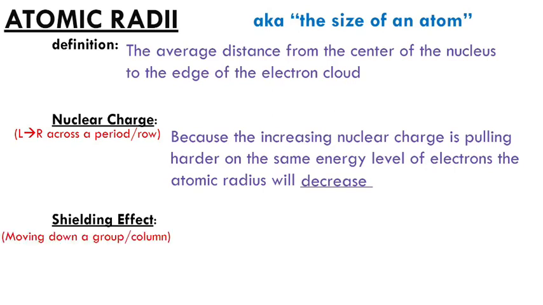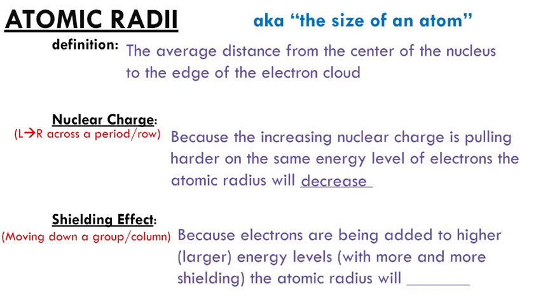And if we're talking about shielding effect, as we go down that group, down a column, we get more and more of those energy levels of the atom. Well, because we're adding electrons to higher energy levels, the atom gets larger. Those bigger circles are just getting bigger and bigger. Each one we add is going to make our overall atom larger. So, more energy levels, larger radius.